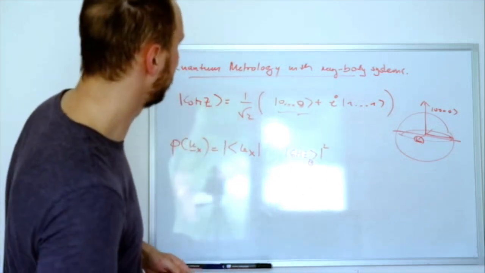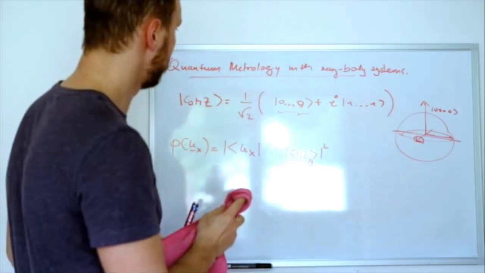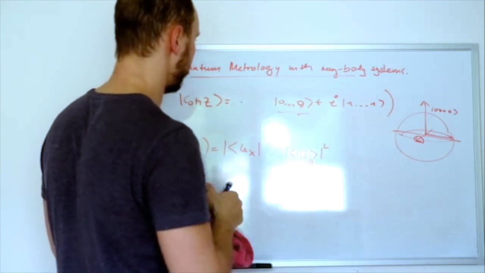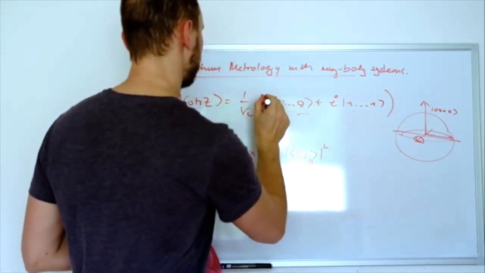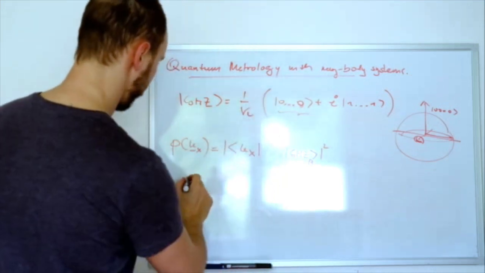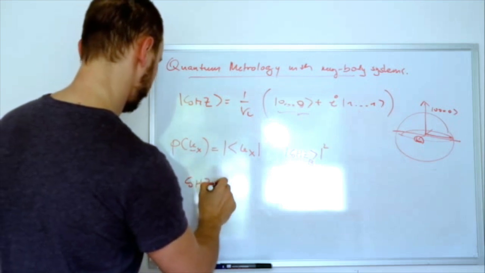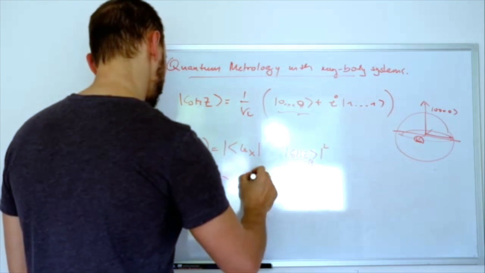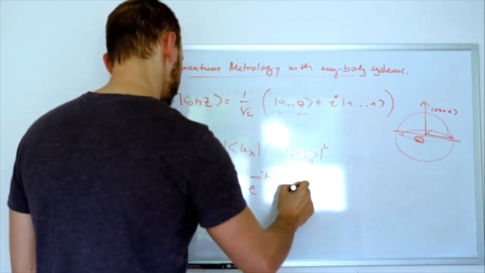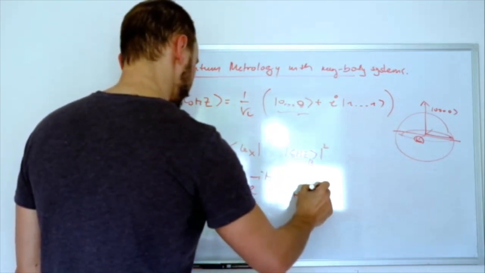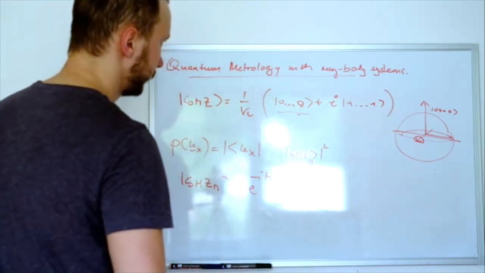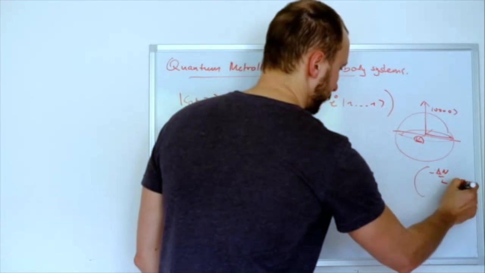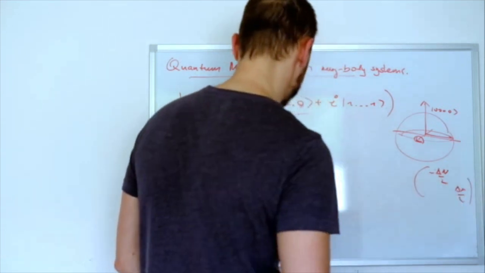Okay, sorry, I forgot to write |GHZ_b>. This is e to the minus iHb acting on our GHZ state. This is clear because remember that the Hamiltonian is minus delta n over 2.